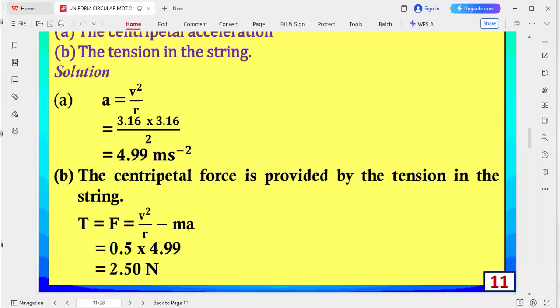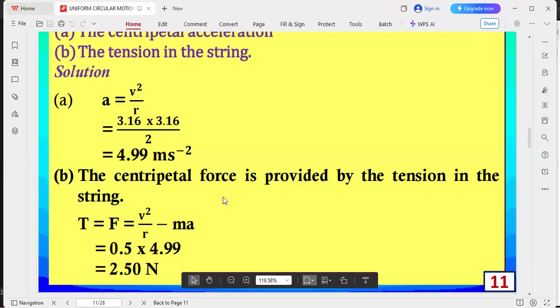Yes, Tim. Oh, I was just about to ask to clarify B. Sorry? The part B, the tension. Oh yeah, I was going back there so that we talk about tension.